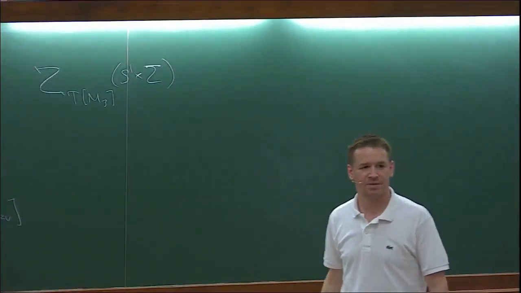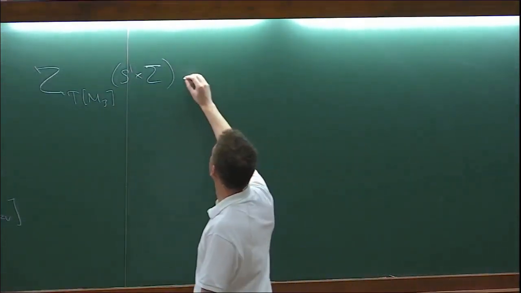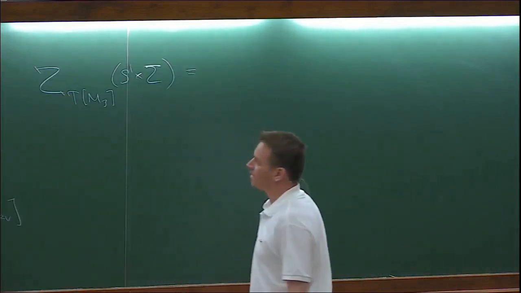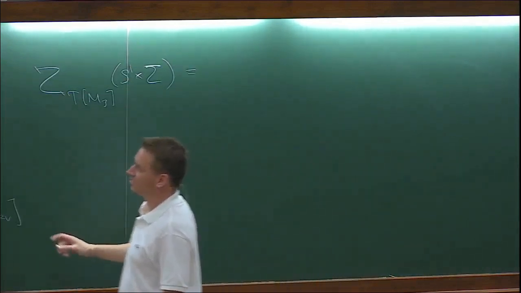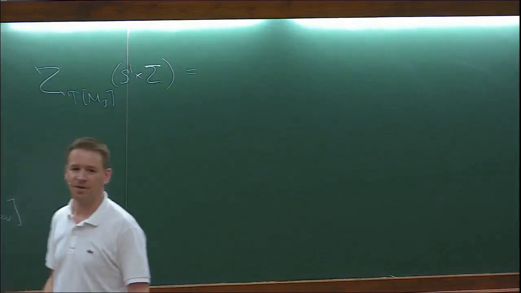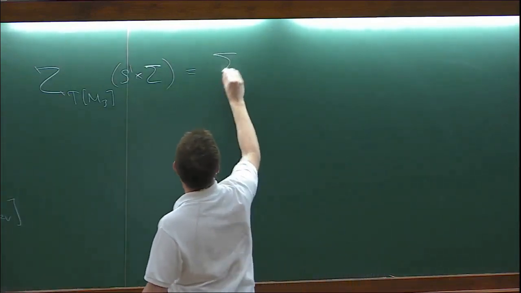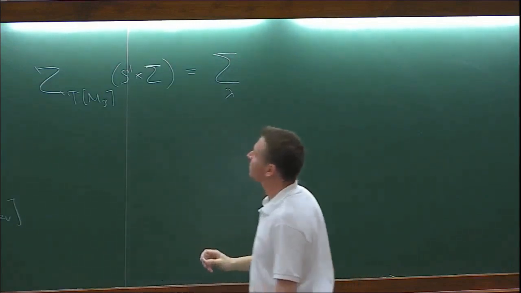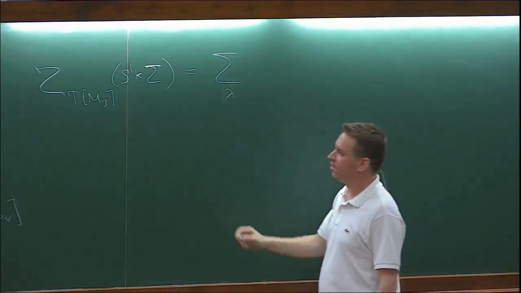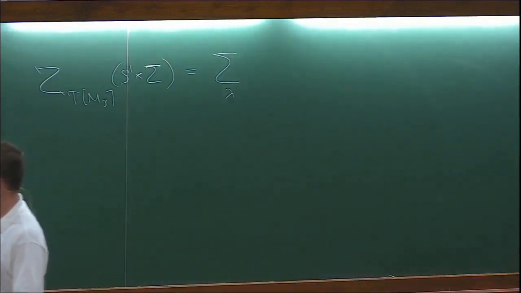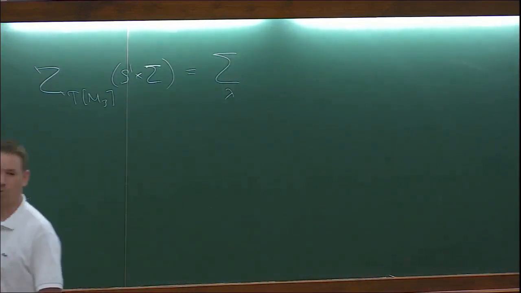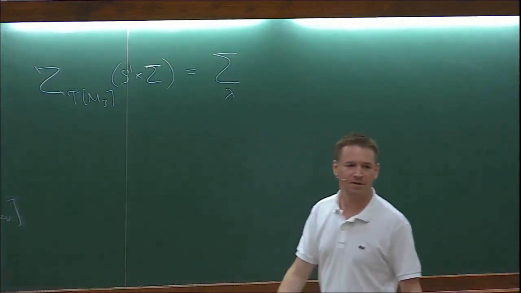I had a very specific example in mind, but you can try to compute it more generally. And then the existence of this MTC and a richer structure means, first of all, you can generalize this calculation. But second, it also means that this particular calculation can be expressed as a sum over states lambda of S and T matrices that are encoding modular transformations in this modular tensor category.